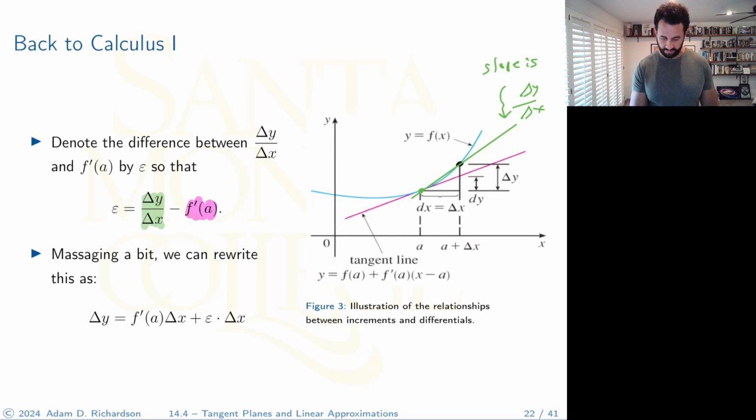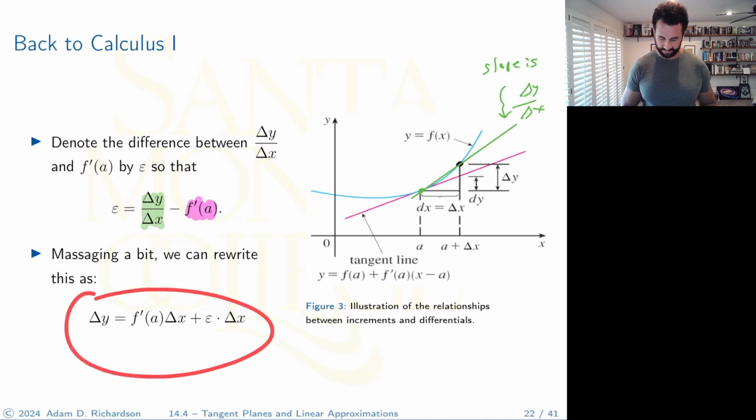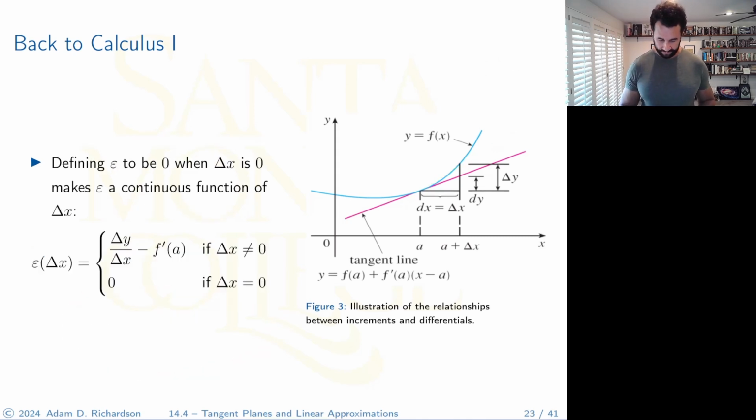Now, if we massage this equation a little bit, we can rewrite it so that we can write the change in y, the increment in y, in this form: f prime a times delta x plus epsilon times delta x. Basically just multiply both sides by delta x and move delta y to one side, and that's how you get this. Now we're going to define epsilon to be equal to 0 when delta x is equal to 0.